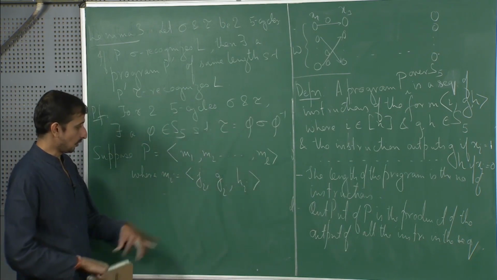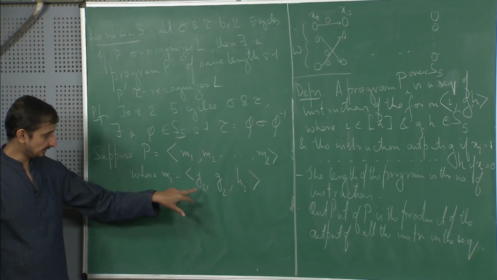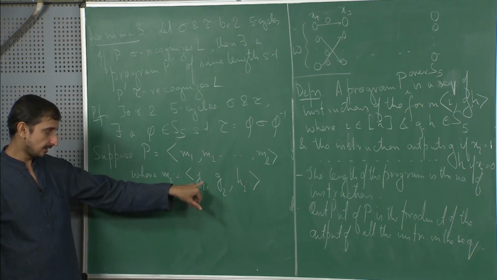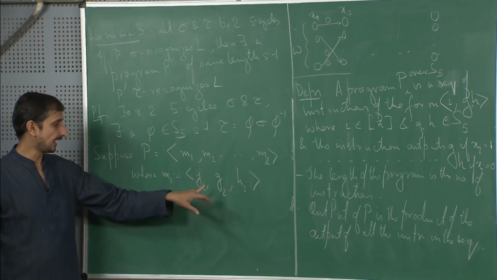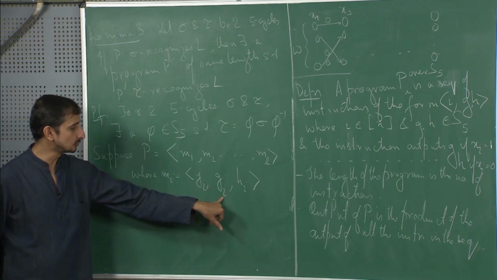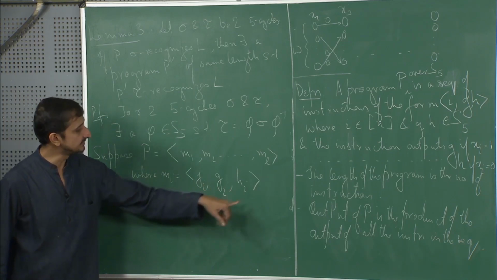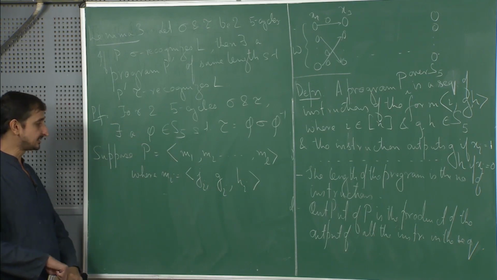So, Mi has the index Ji, and if the bit Ji is 1, then it goes to the permutation Gi, and if it is 0, it goes to the permutation Hi.